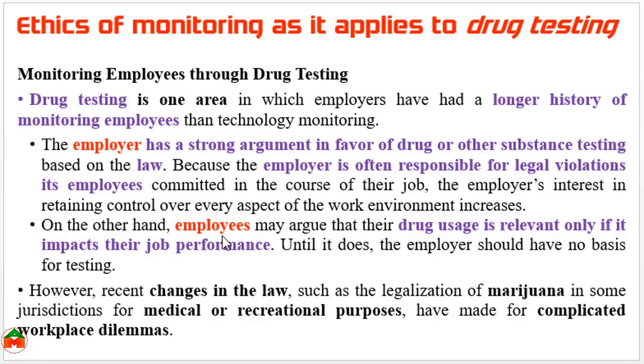On the other hand, employees may argue that their drug usage is relevant only if it impacts their job performance. I mean, if the use of drugs impacts the job performance, in that case the employees may agree to go through the drug test. These are the two contexts of ethical issues in drug testing for the purpose of monitoring employees.